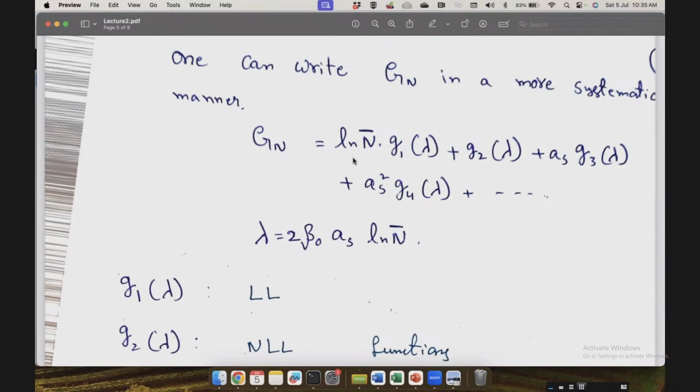If I put log n bar in this one and expand it, you will get a different tower of logarithms. But this different tower of logarithms will not correspond to your dominant logarithms. Then the organization is a little non-trivial for you. Okay, thank you.